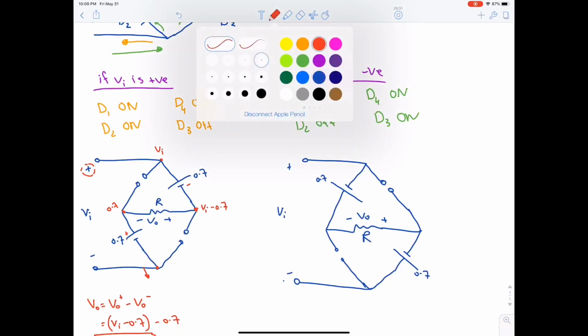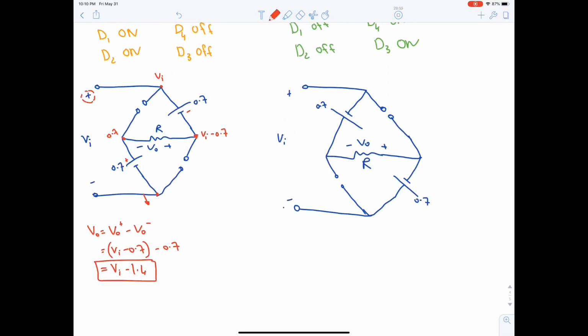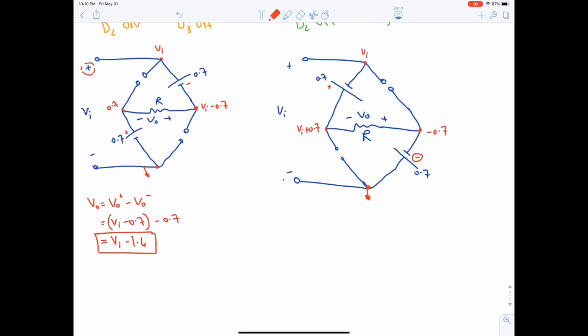Now, what's V output? Let's begin. This is 0, hence this point is VI. If this is VI, then this is VI plus 0.7, and this point is minus 0.7. Because this is 0, the sign further from you is minus, hence minus 0.7.